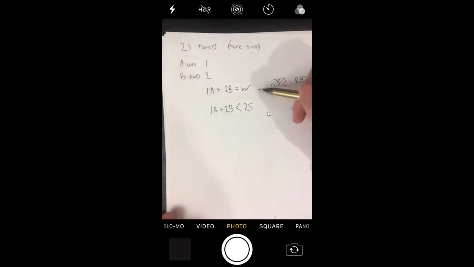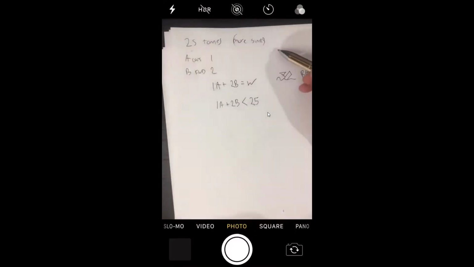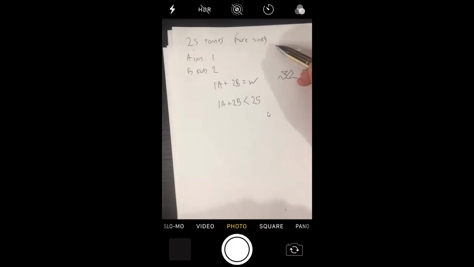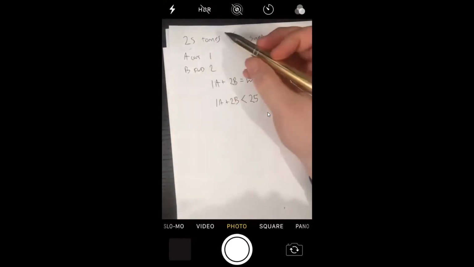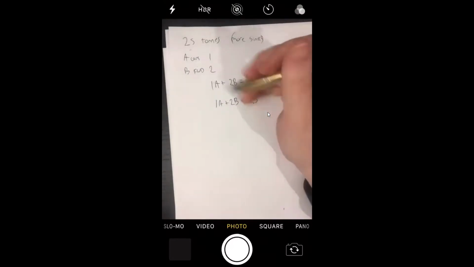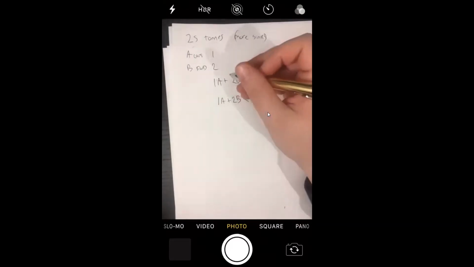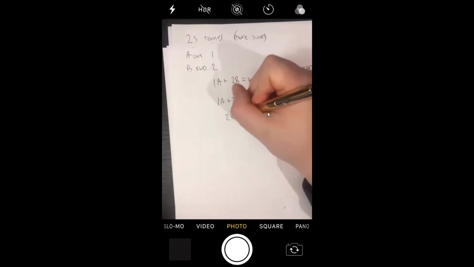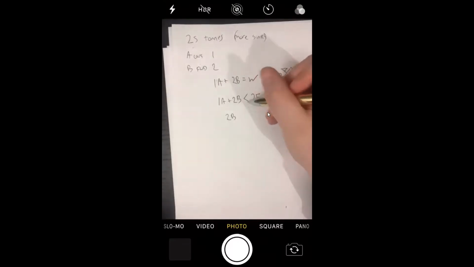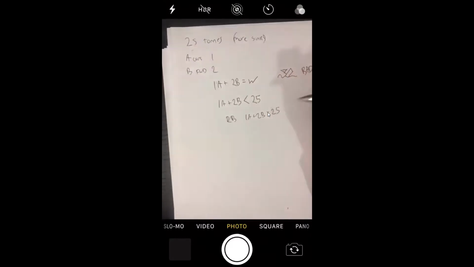How do we do that? Well, let's just go with 1A plus 2B equals 25.